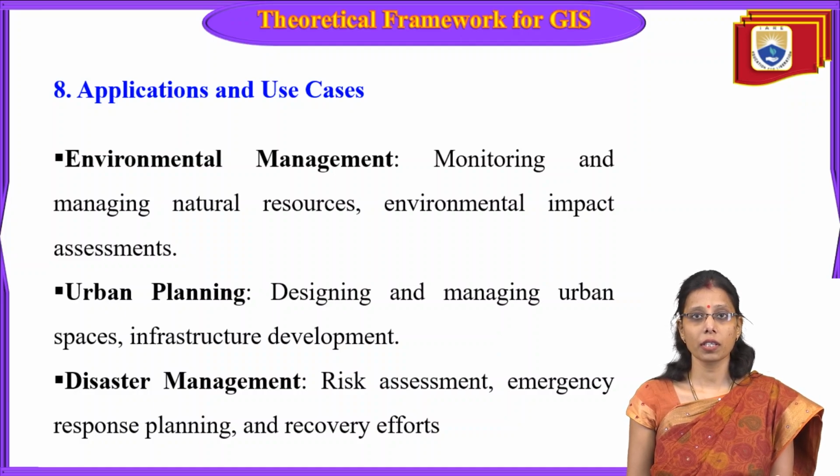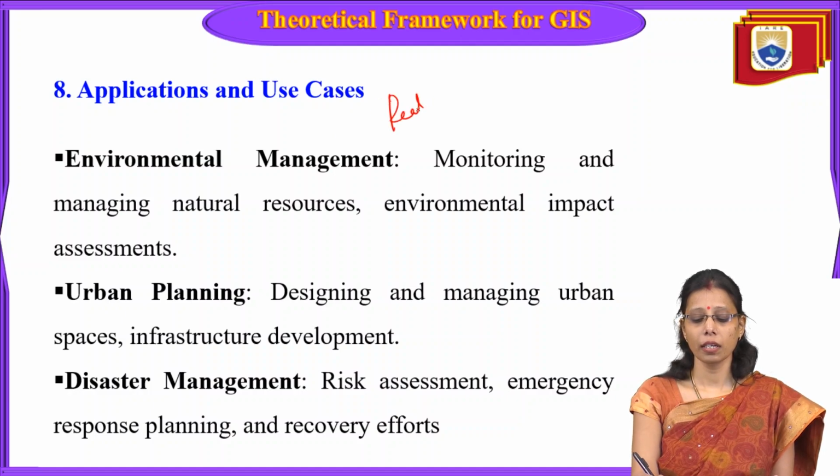So if you want to apply this theoretical framework to environmental management, if you want to do the monitoring, the monitoring process can only be done when the real world data is transformed to the map.